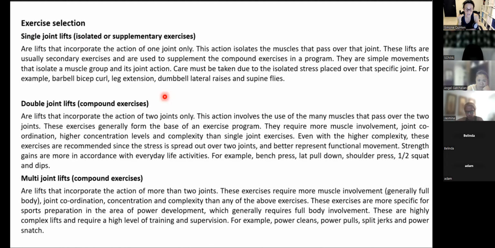There are advantages and disadvantages to compound lifts and single joint lifts. When you only have one single joint and one muscle group involved, the good thing is you can concentrate on recruiting that muscle group.